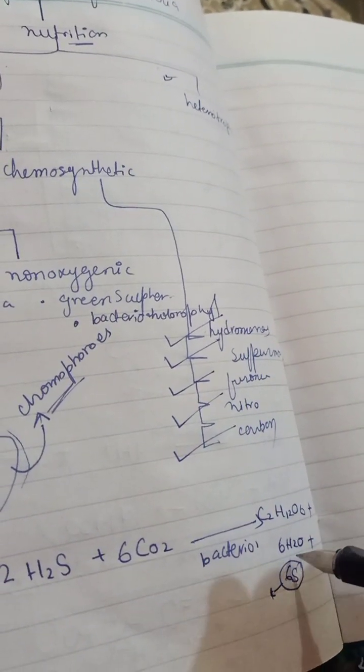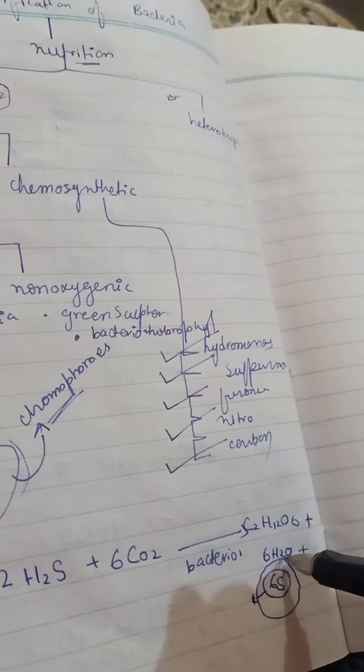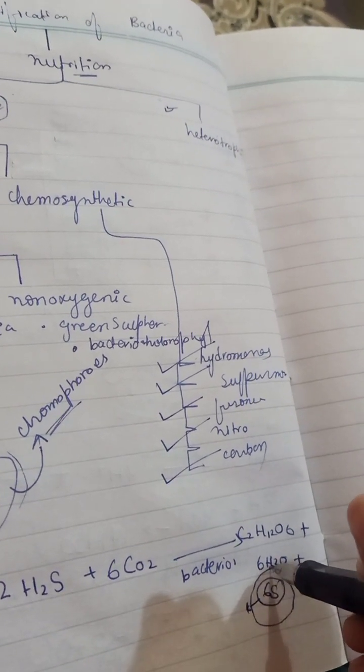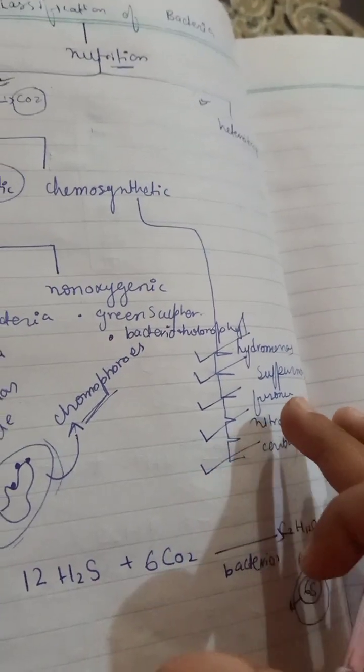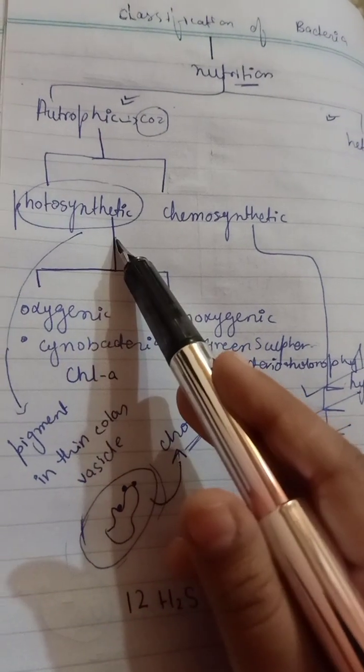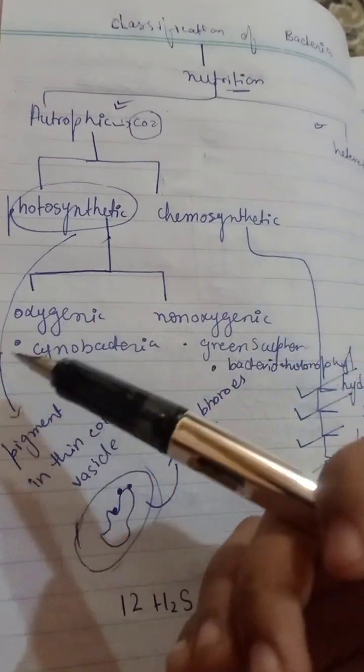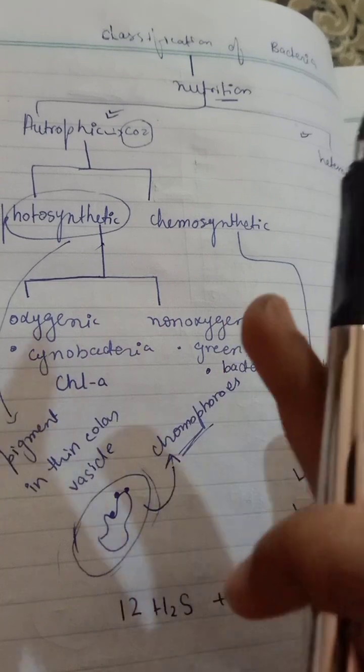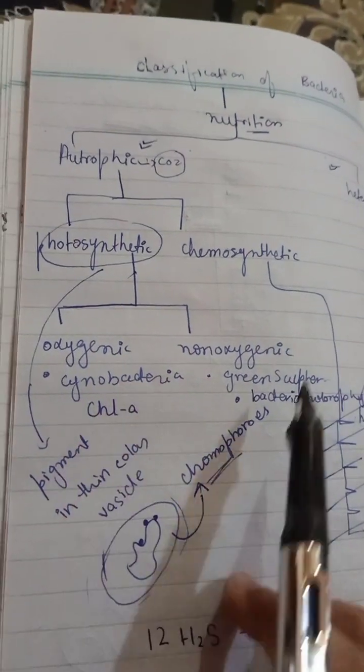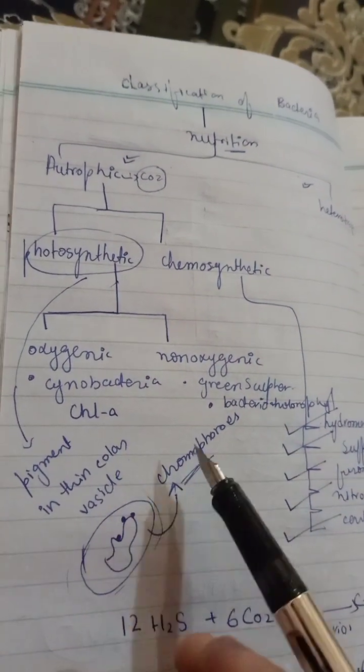So they are releasing sulfur. That was about the photosynthetic bacteria. They have the capability to produce their own food from inorganic material.